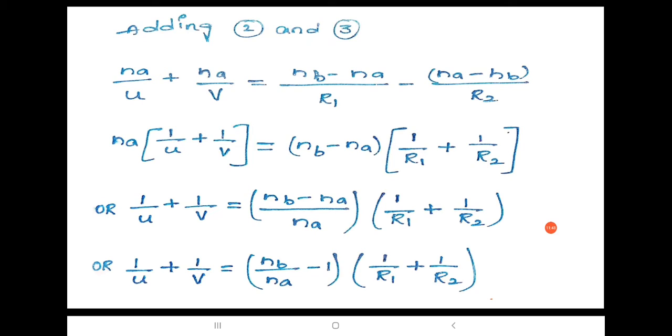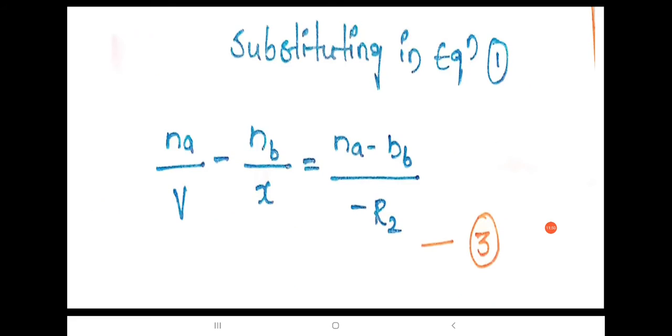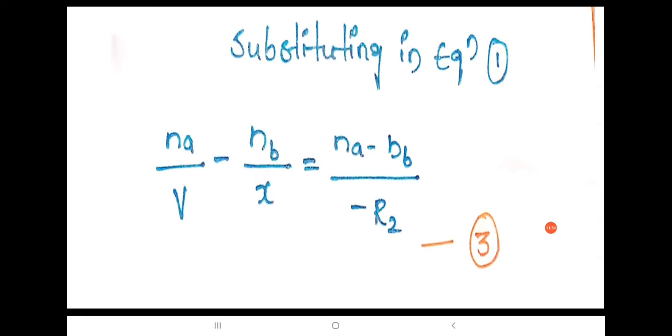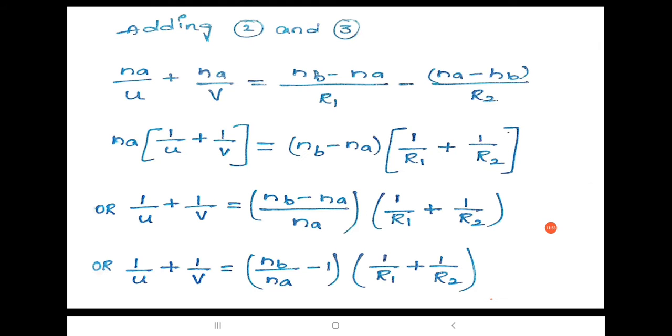In equation 2 we have plus NB/X, and in equation 3 we have minus NB/X, so these two become 0. Then we can write NA/U plus NA/V equals (NB minus NA)/R1 minus (NA minus NB)/R2.